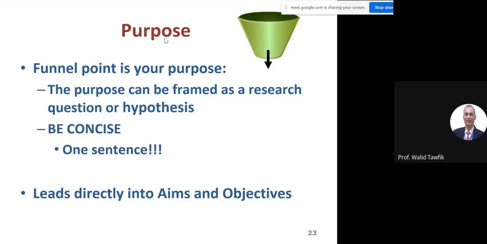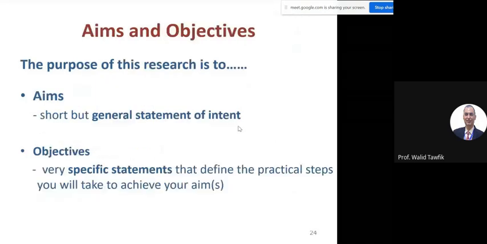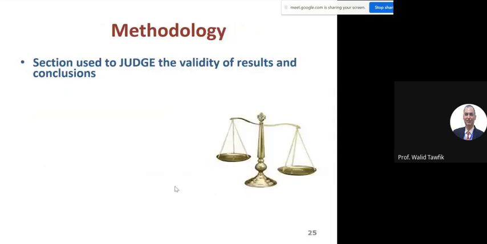Your proposal has to be concise, as we said before. The aim and objectives are as follows. The aims should be a general statement of intent, and objectives are specific statements that define the particular steps you will take to achieve your aims. The methodology: you have to use judgment between the validity of the result and the conclusion.